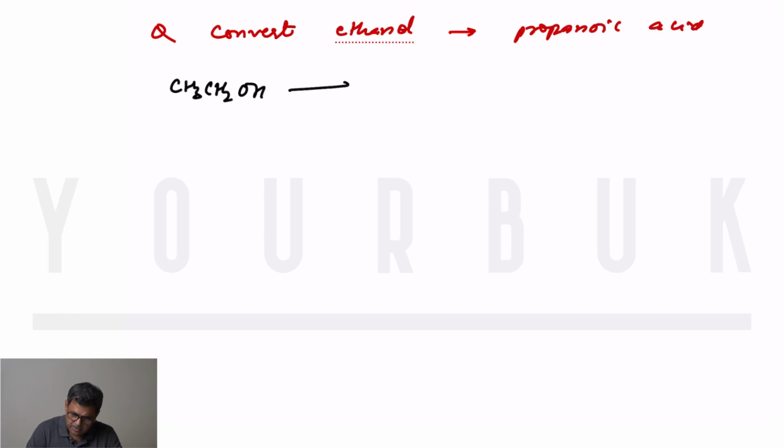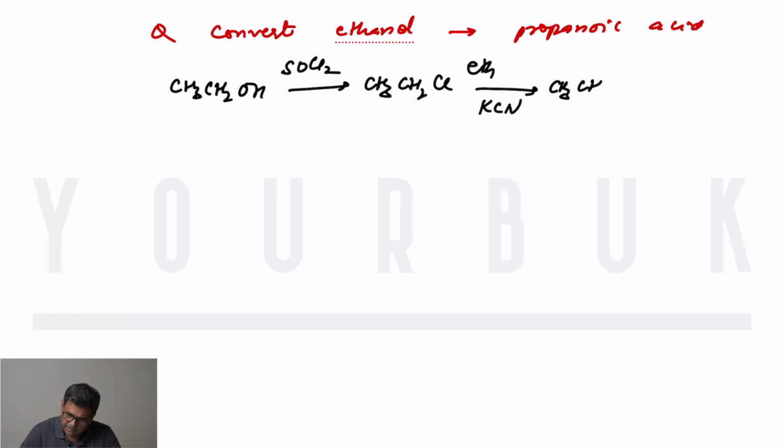First step is using SOCl2 or PCl5, changing this into chloride. Then using KCN, changing this into cyanide. And then hydrolysis. Hydrolysis, you can simply write H plus ion. It changes to propanoic acid. This is propanoic acid.